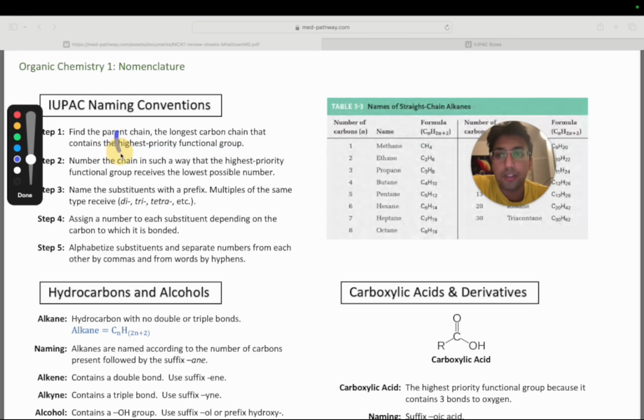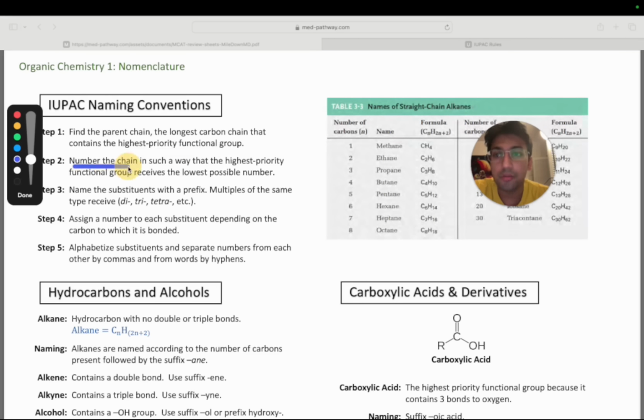In the IUPAC naming conventions you can figure out which has the highest priority and which has the lowest priority. Fortunately for us, it's not always too big of an issue for the MCAT. I don't think I've encountered too many questions that asked which functional group has higher priority, but it might be helpful to look at the priority of functional groups.